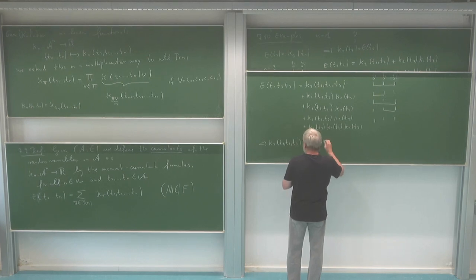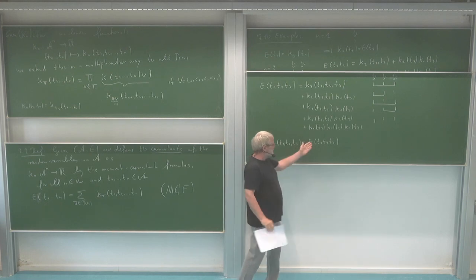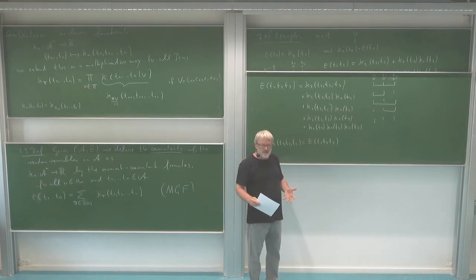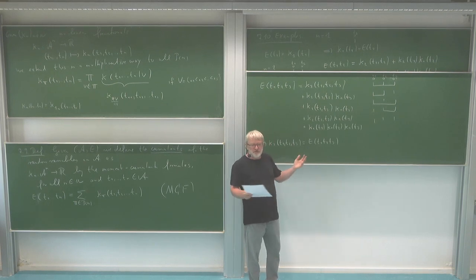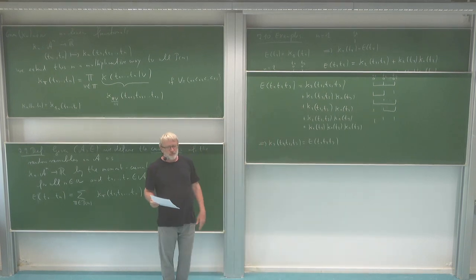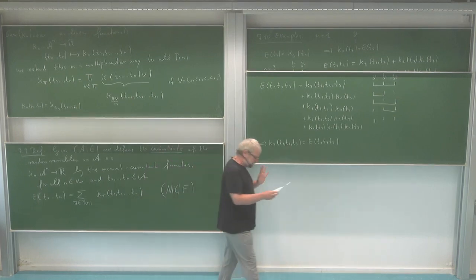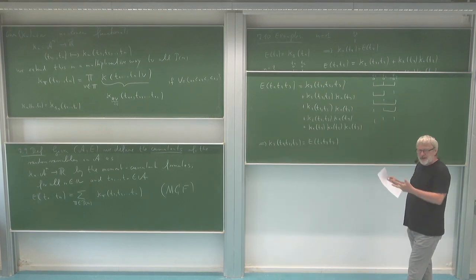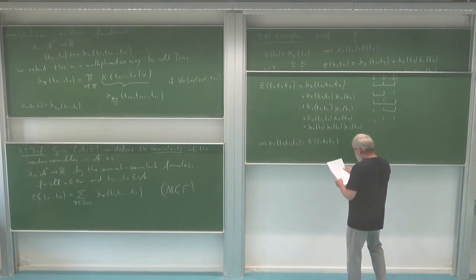So essentially, the nth kappa is essentially the nth moment, but then I'm getting corrections from lower order moments, which, okay, maybe at the moment it's not clear what they are good for, those corrections. It looks like a complicated definition. Of course, this should have some value, and I will tell you about this value, but at the moment, at least there's a clear structure behind this formula. So a very combinatorial one.